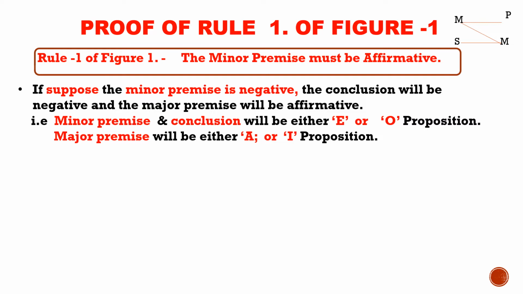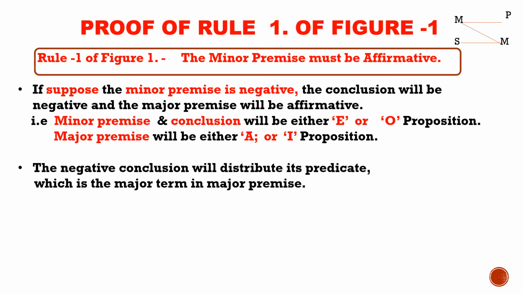So, the minor premise and the conclusion, since they are negative, will be E or O propositions, and the major premise, since it is affirmative, will be an A or I proposition in figure 1. Now, since the conclusion is negative, it will distribute its predicate. Why?